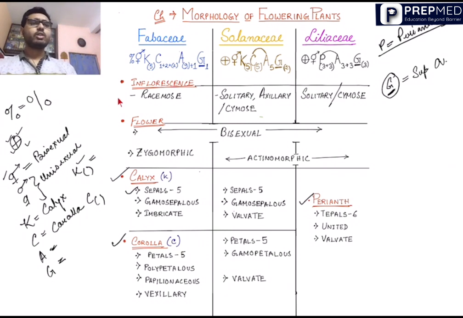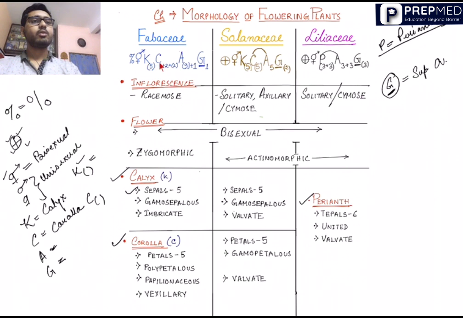Flowers: we found that all three of them are bisexual. The first one has bilateral symmetry, so it's zygomorphic. The next two have radial symmetry, so they're actinomorphic. Now let's come to calyx. There are 5 units, so it's 5 sepals.